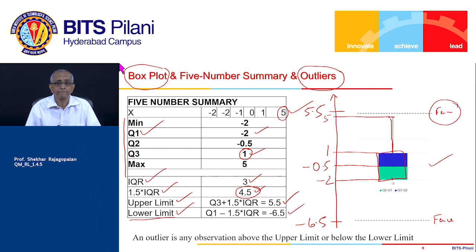The minimum is -2, which coincides with Q1, which is also -2. Therefore, there's no line protruding downwards from the lower end. And this is going to be my box plot.